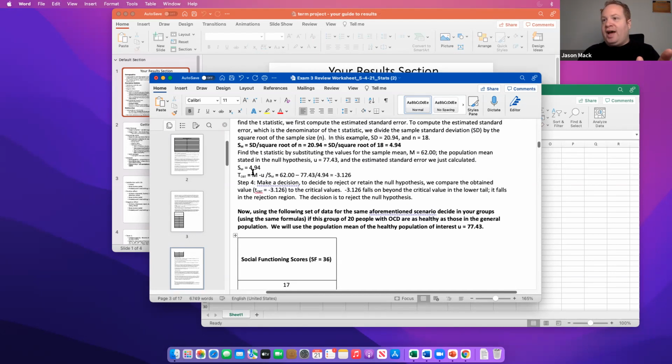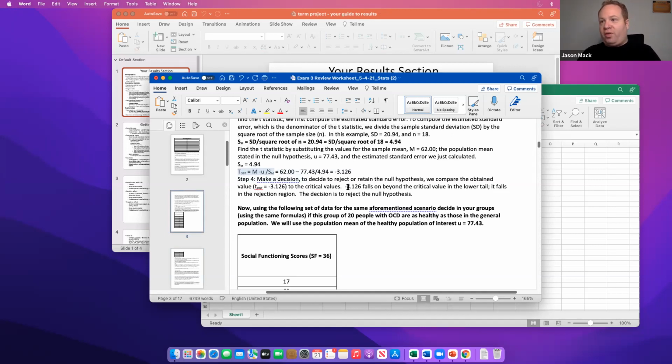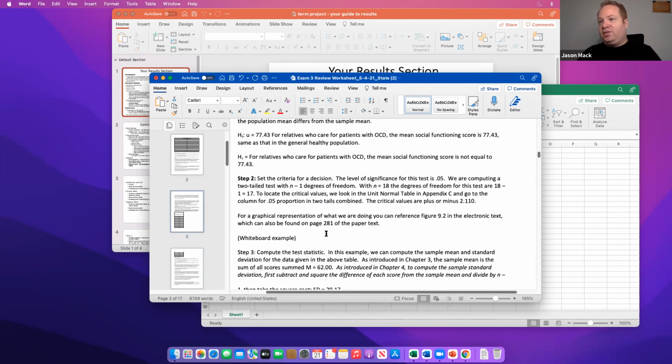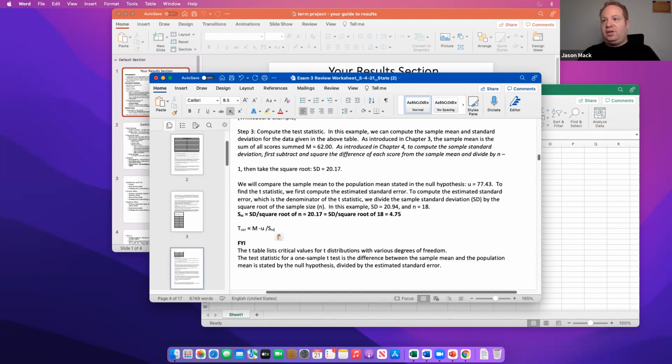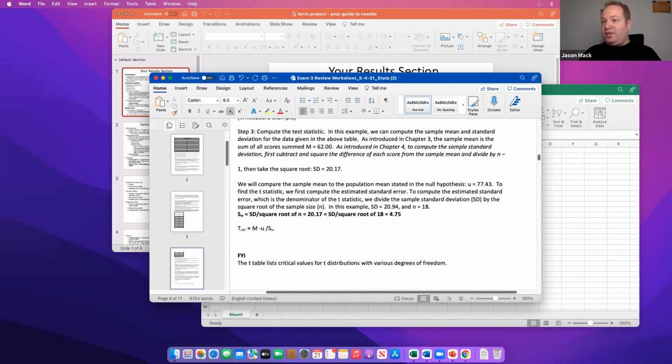So we got this. Now we need to figure out our T obtained value. Remember, that's like against our critical value. The mean minus the sample mean divided by the standard error is what we're going to do. So this is our formula that we're going to do right here. So we're going to go like this and like that. And then we need to put that in.